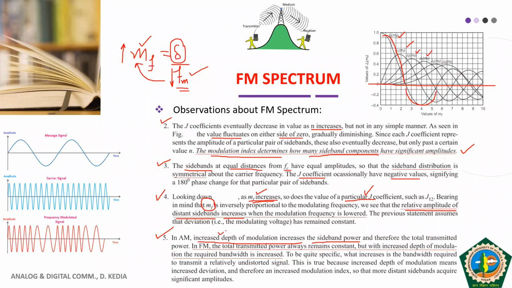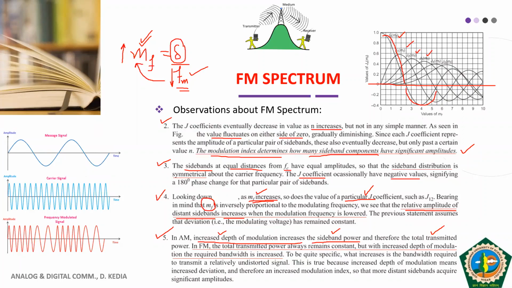What is the meaning of increased depth of modulation? It means the increased value of modulation index. So when we increase the value of modulation index, more number of sidebands will be included. More number of sidebands included means the sideband power will be more. Obviously if sideband power is more, the total transmitted power will also be more.